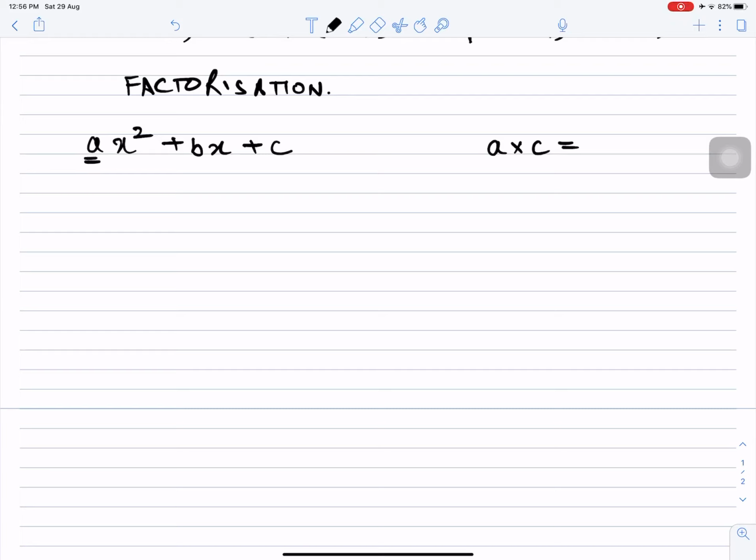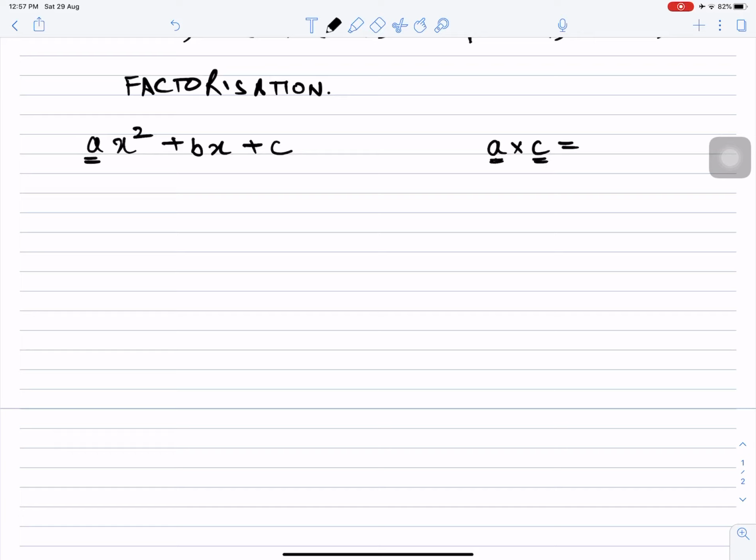Always take the coefficient of the highest degree variable. Here x square has the highest degree among all three terms, so I will take the coefficient of the variable whose power is 2 and multiply it with the constant term.